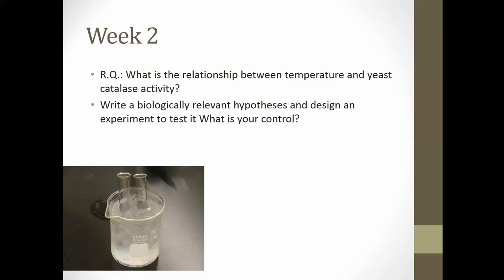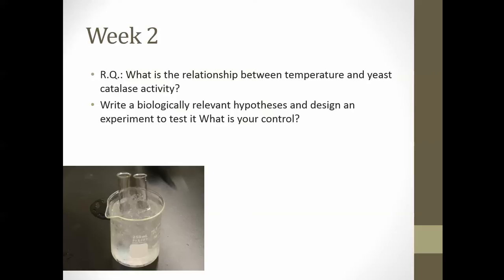So what you're going to do is you're going to cool off or heat up both yeast and peroxide in separate test tubes. So remember, yeast is an organism that contains the enzyme catalase, and you are going to cool off a solution of yeast or warm it up.